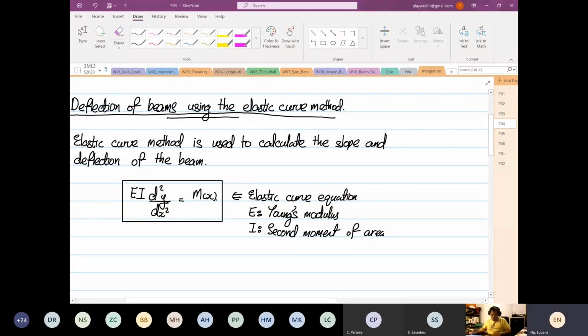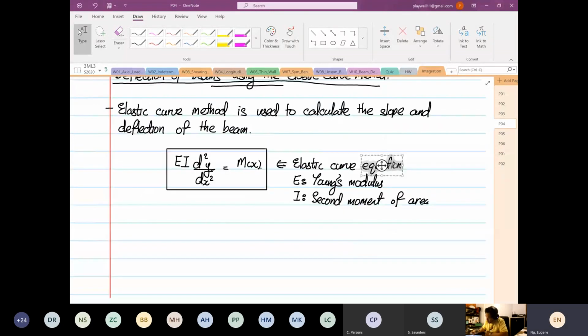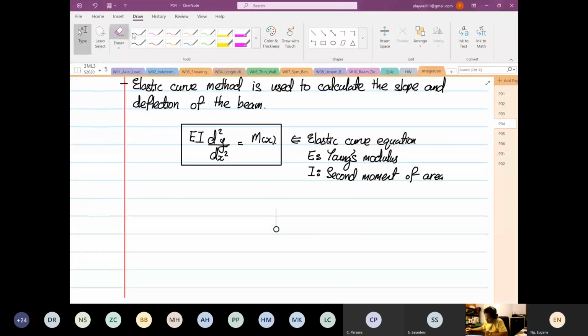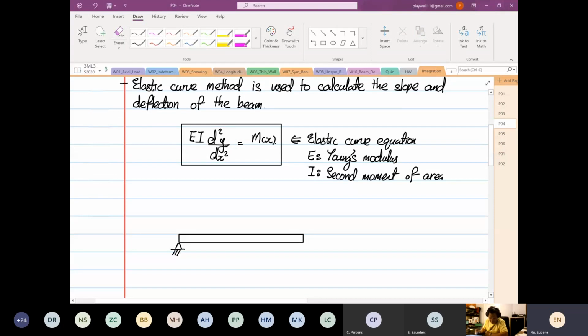Okay. So now, if we have a beam, one end is a pin, the other end is on a roller, and we have a force P acting somewhere around here. I'm going to superimpose my axis.